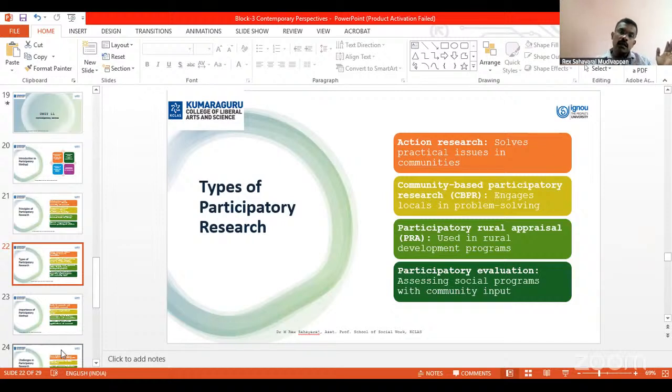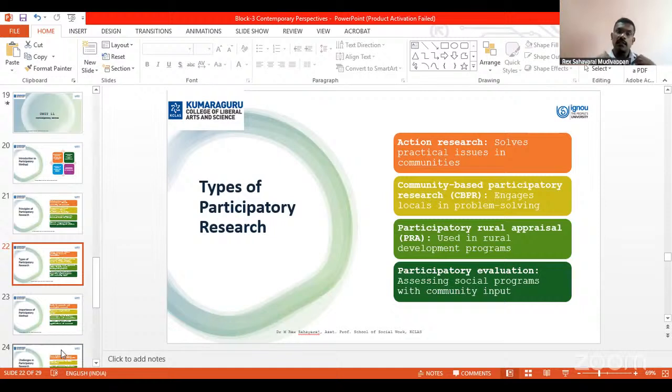What resources are in this community, whether there is a school, how many shops are there, whether there is a hospital, whether we have a pond or a well, whether all the people are able to use it, what is the educational status of girls in that village. That will be a study done through participatory rural appraisal.